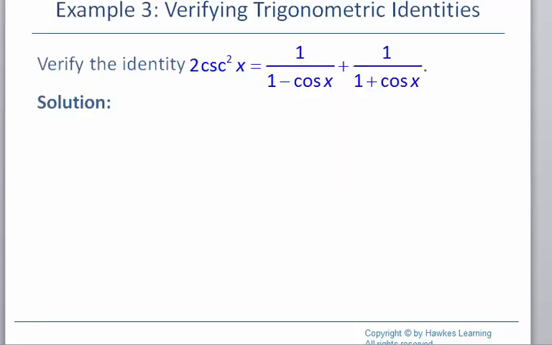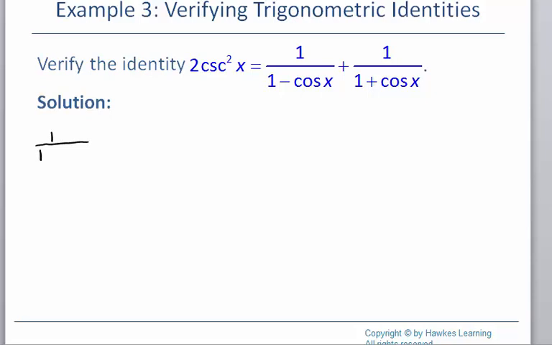So let's begin with an example. Our example asks us to verify the identity 2 cosecant squared x is equal to 1 divided by the quantity 1 minus cosine x plus 1 divided by the quantity 1 plus cosine x. We're told in our guidelines to start with the more difficult side, so we're going to start with the right.